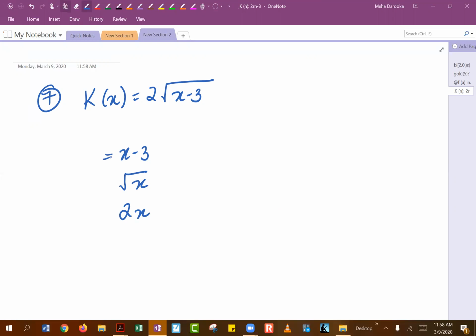Now, if you keep it in the order of let the first guy be f, second guy be g, third guy be h. What should our order of composition be so that we come back to that k of x function? H of g of f. H of g of f.